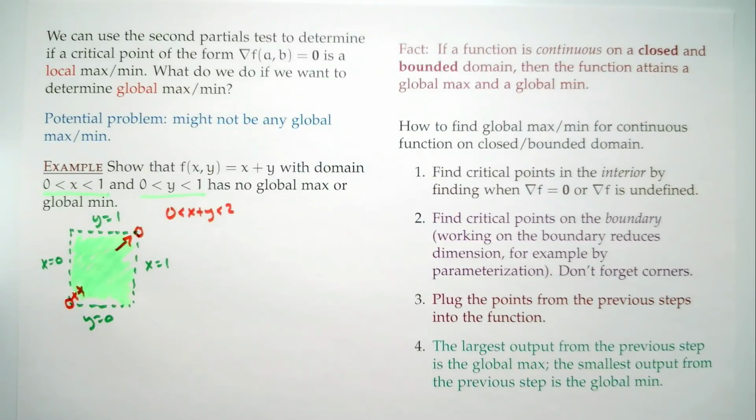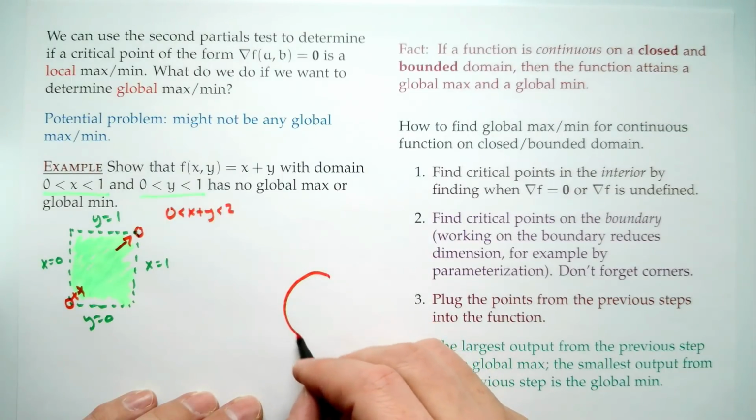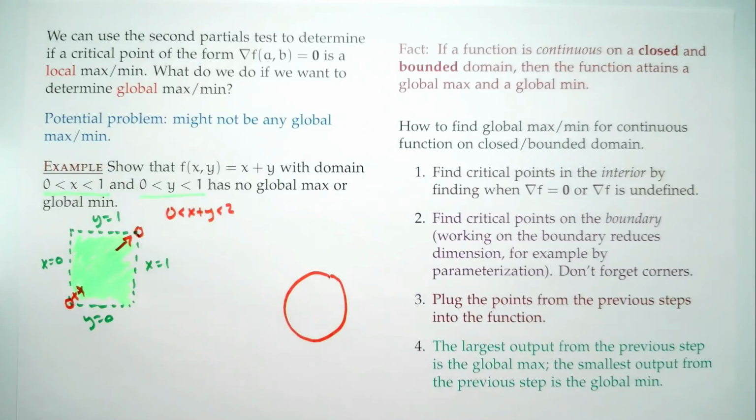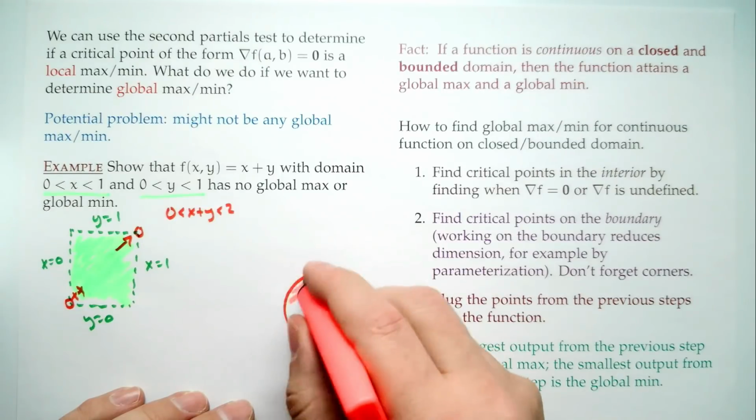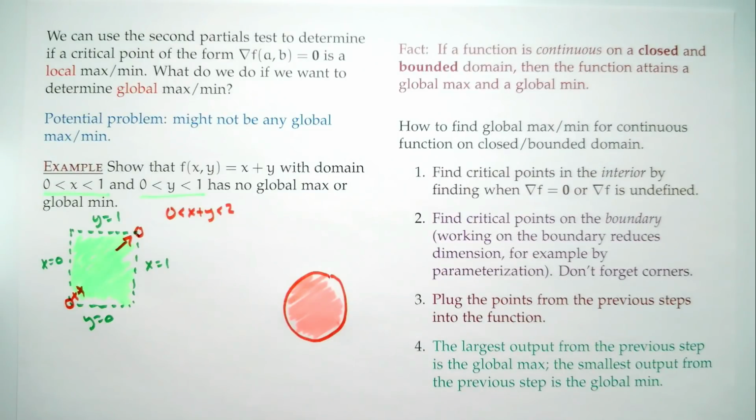Well, the answer is the boundary shrinks the dimension. So what do I mean? Well, we'll do a little picture here. If I'm looking at a set, and maybe our set is a circle, and originally we say, well, look, the domain might be all the points in and on that circle.